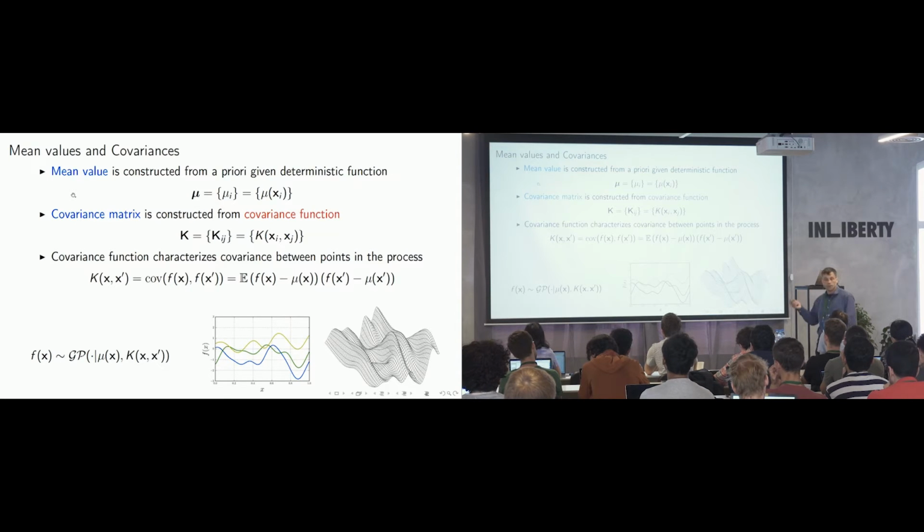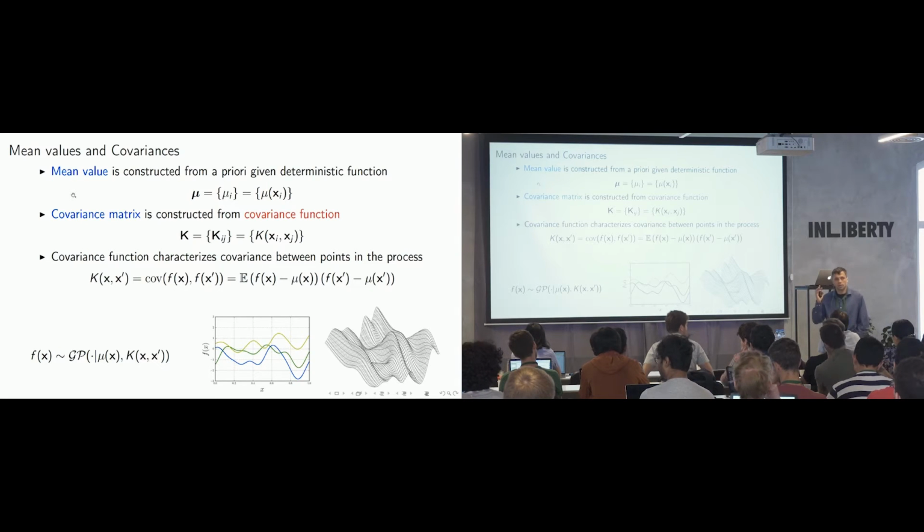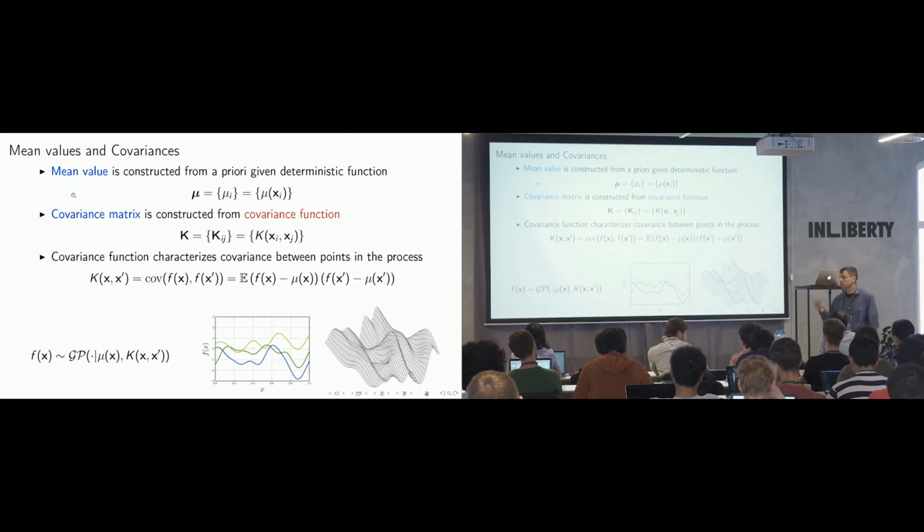This k is a kernel function, a function of two arguments xi and xj, and by selecting a priori some kernel function k, we impose prior assumptions on what the trajectory of the stochastic process can look like.